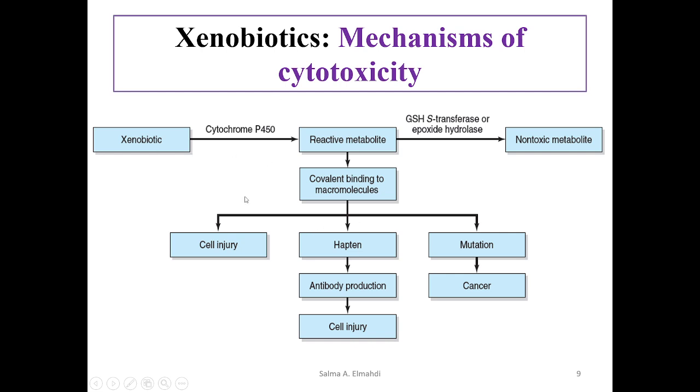The xenobiotic itself will act as a hapten, leading to antibody production and cell injury, here mediated by the immune system itself. The binding can lead to mutation, for example, of nucleic acids, leading to cancer.